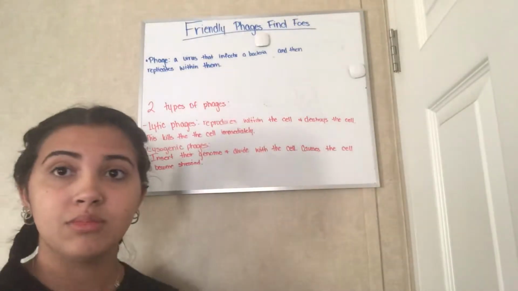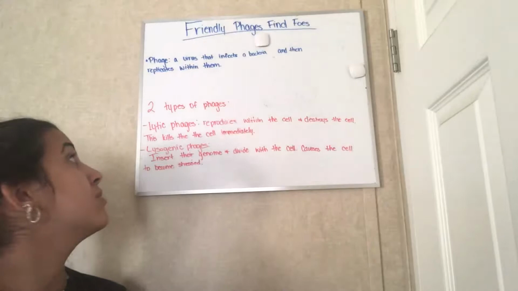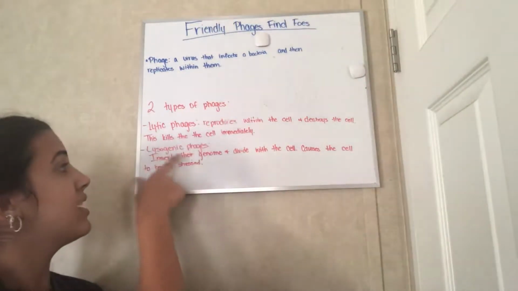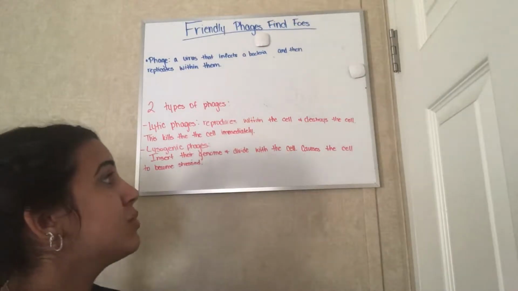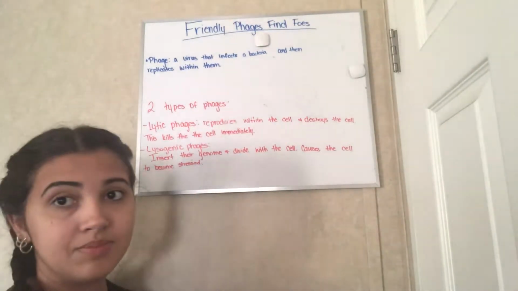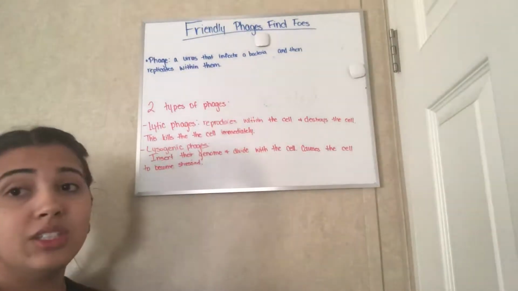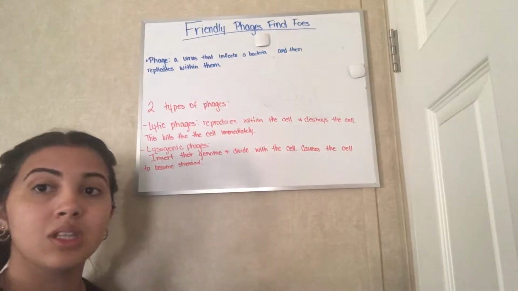Another mention is that there are two types of phages, a lytic phage and a lysogenic phage. The lytic phage reproduces within the cell and destroys the cell. This kills the cell immediately. A lysogenic phage inserts their genome and divides with the cell.